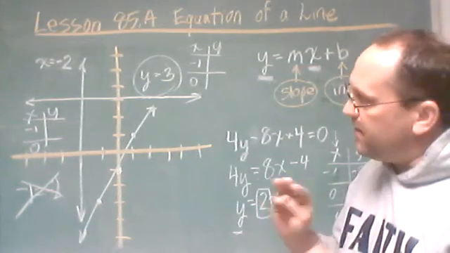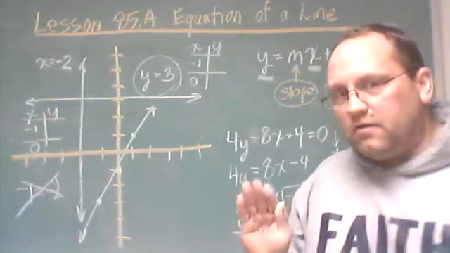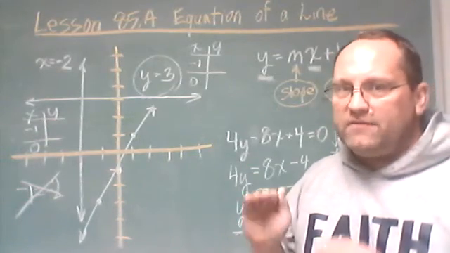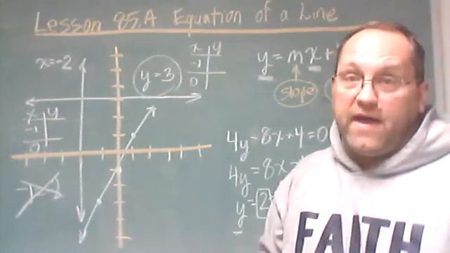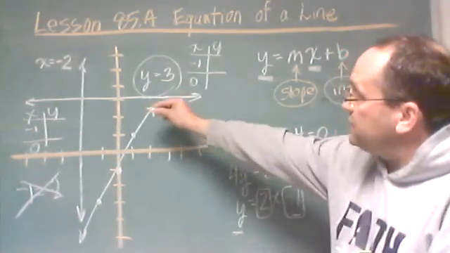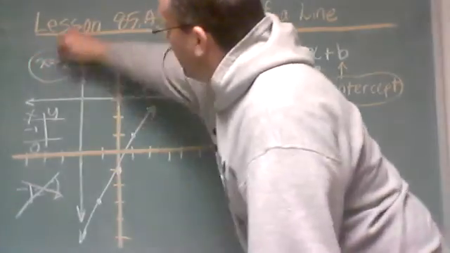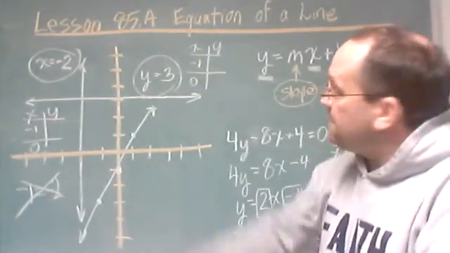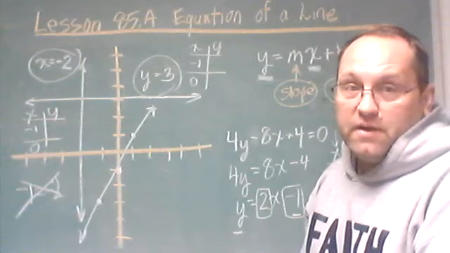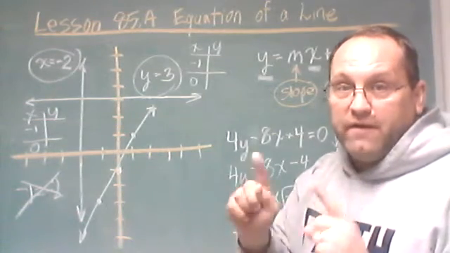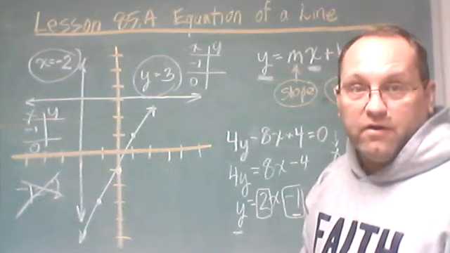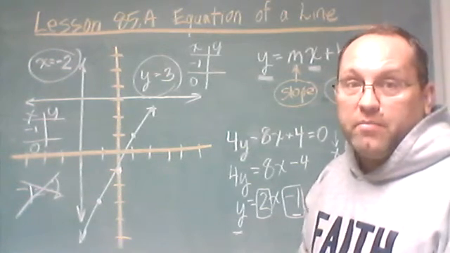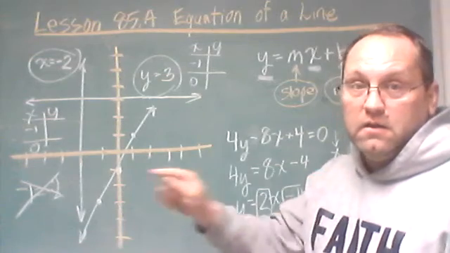So you have to remember, and that's why we introduced the concept of vertical and horizontal lines. You have to memorize the fact that if we see an equation of a line as x equals a number or y equals a number by itself, there's only one variable in each. It's either going to be a perfectly vertical, straight up and down line, or a perfectly horizontal line.